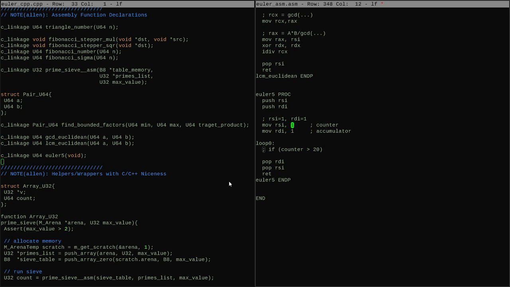And I can kind of say, why don't we put the counter at 2 initially? If the counter is greater than 20, go to done. Done will live down here. We'll set RAX to whatever is in the accumulator. Here's our counter. Okay, we're going to compare our counter with 20. Jump if that is greater to done.